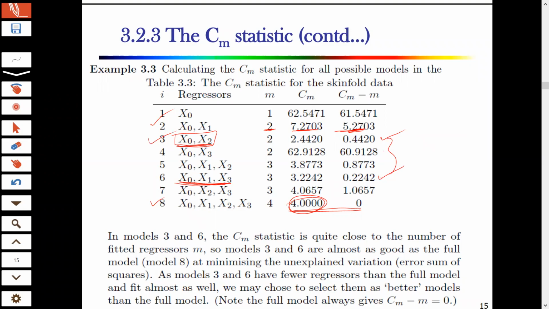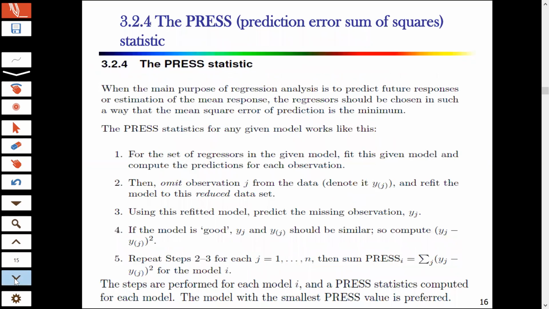So according to this definition, CM minus M, model 3 is the better model. That means the model that only includes the x2 variable.